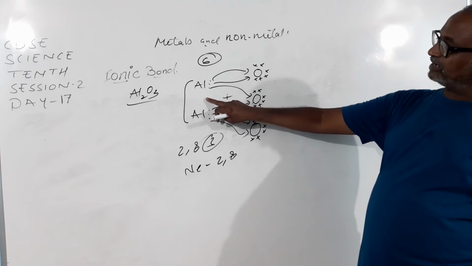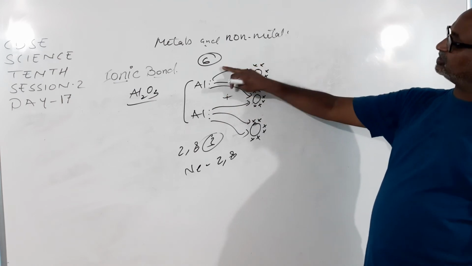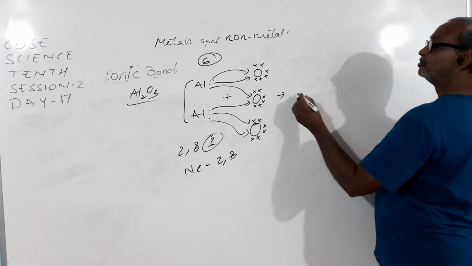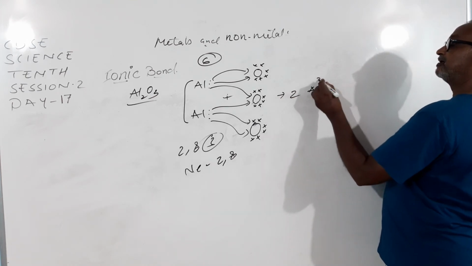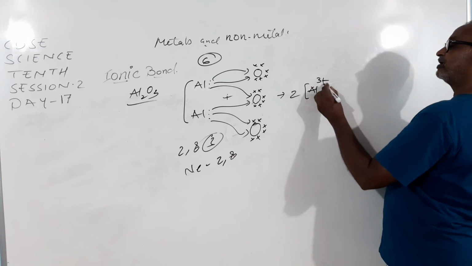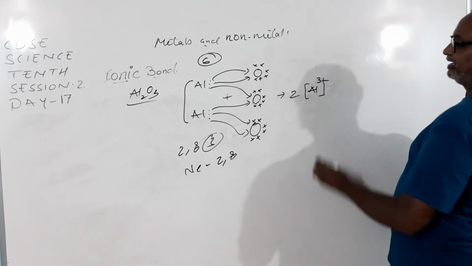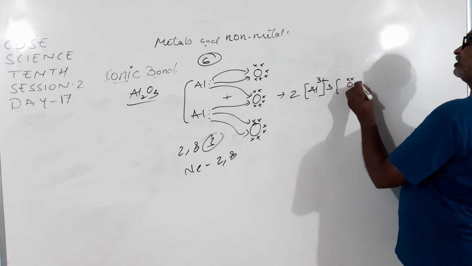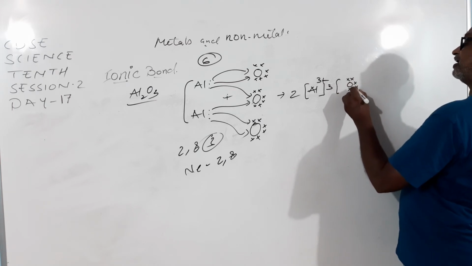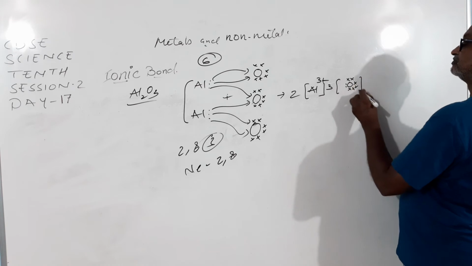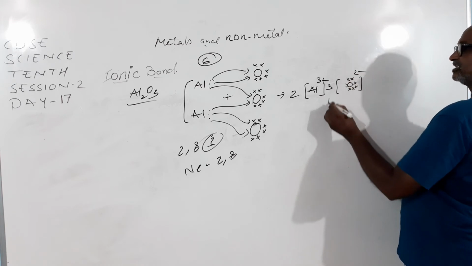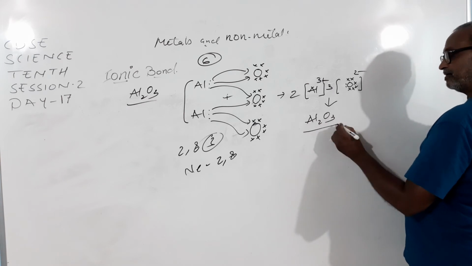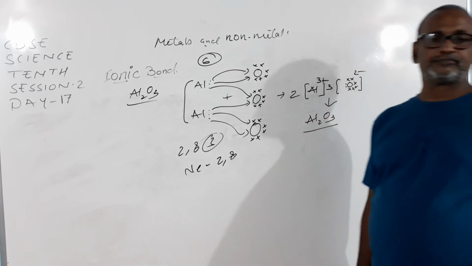Two aluminium atoms transferring their 6 electrons to 3 oxygen atoms, and in this way 2 aluminium ions with 3 unit positive charge and 3 oxide ions with 2 unit negative charge are formed. This results in the formation of aluminium oxide.